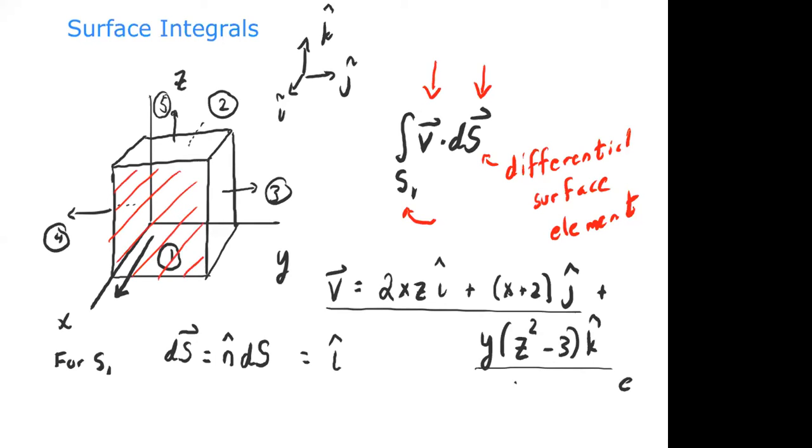So what is dS? Well, dS is just going to be this red shaded region. So if you look at the diagram, that's a surface, but you could break it up into small surface elements. That's an area, and they each have an area of dy times dz.